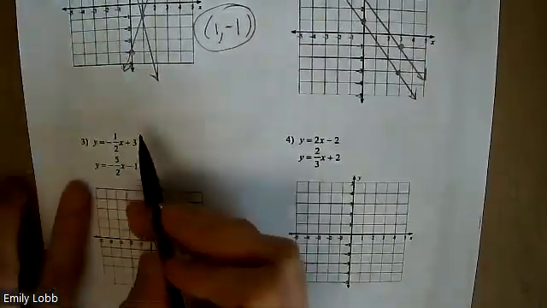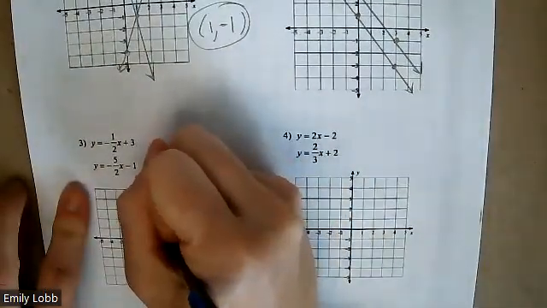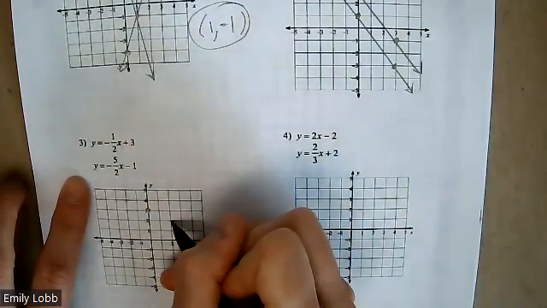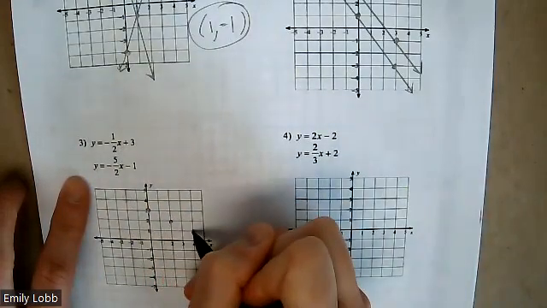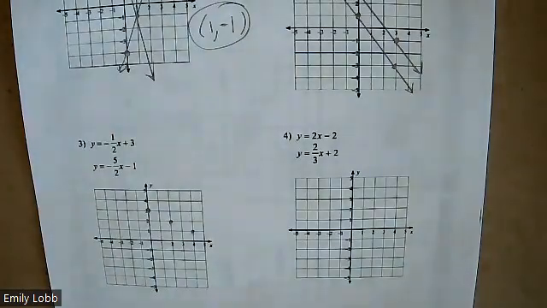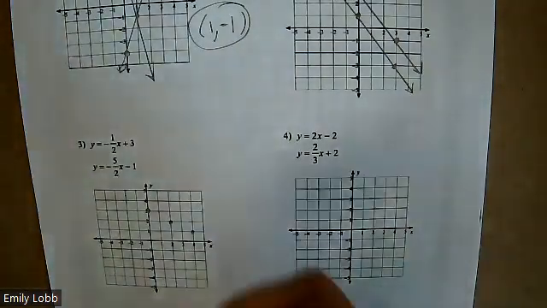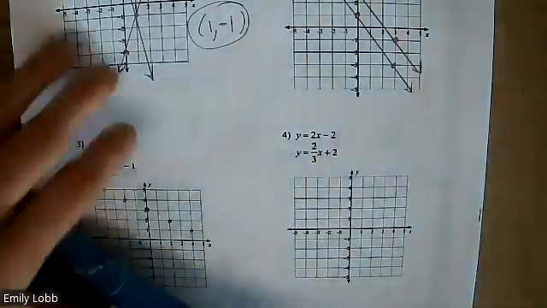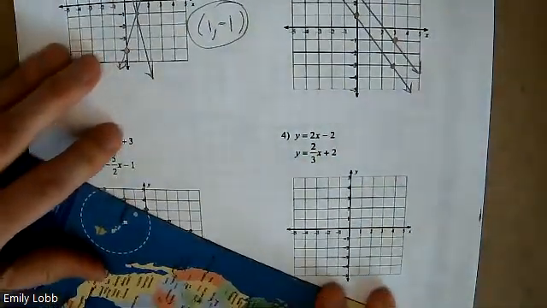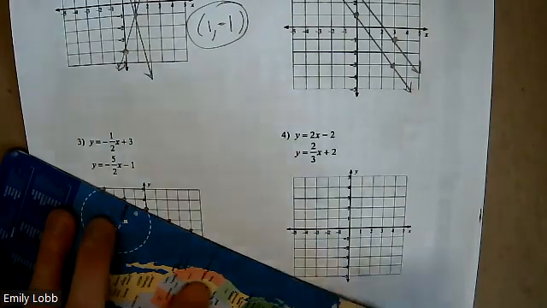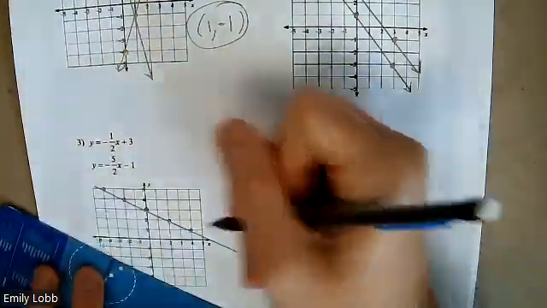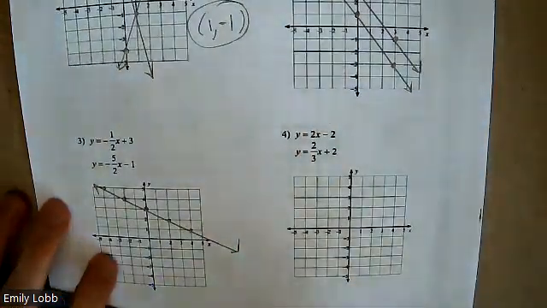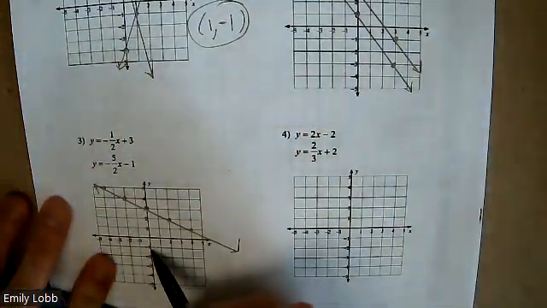Number 3, our first y-intercept is 3. Down 1 over 2, or up 1, left 2. Either way. Now our next y-intercept is -1.